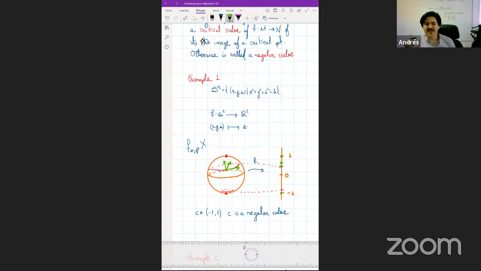So the north and south poles are critical points, because that's where you achieve the maximum of the function and the minimum. So that's one way of arguing that 1 and minus 1 are critical values.